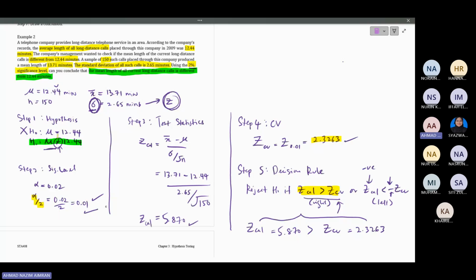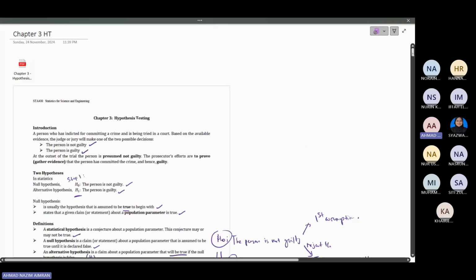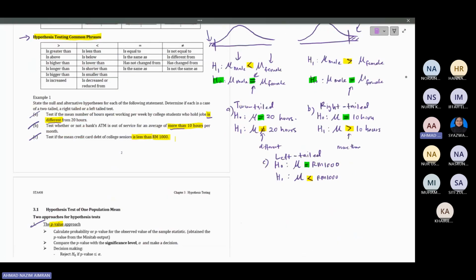Why? Because we are testing at both sides of the distribution. Because the alternative hypothesis there is not equal to. When the alternative hypothesis is not equal to, only then you need to use alpha over 2.